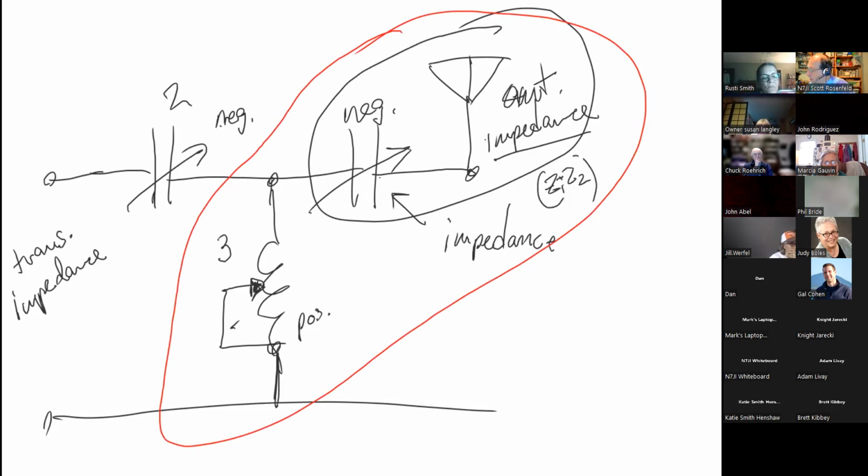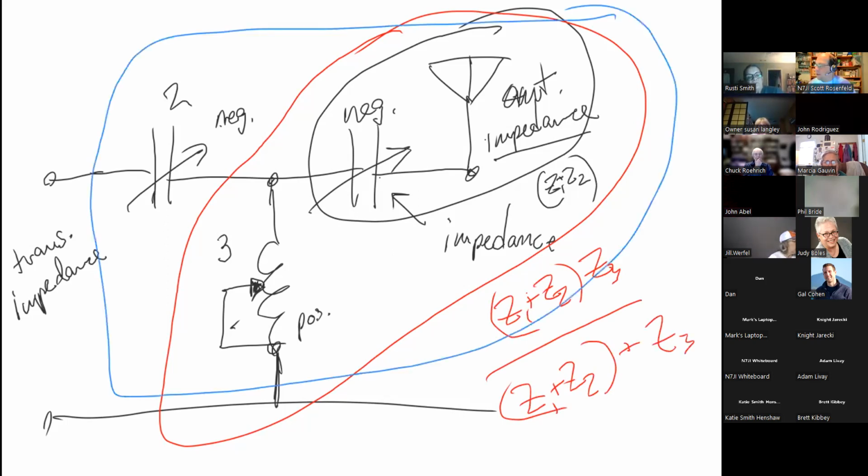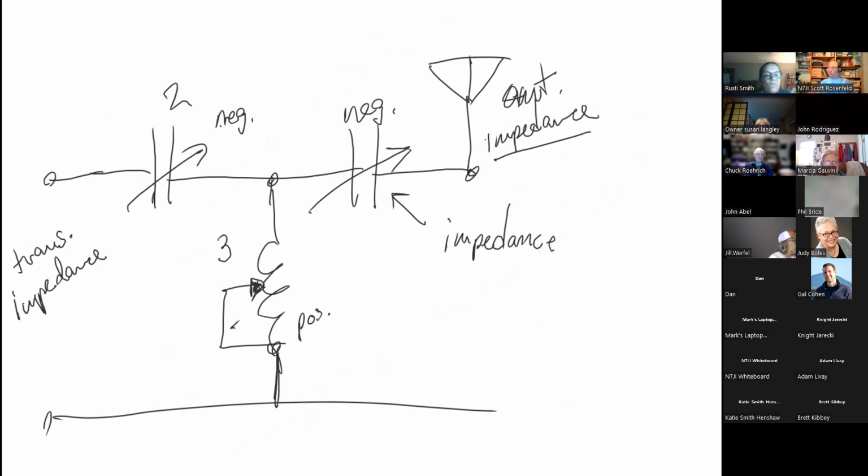Now for this whole thing we have Z1 plus Z2 times Z3 over Z1 plus Z2 plus Z3. And then we have all of that in series with that, number 2. So that's a pretty complicated math problem, right? So what we're going to do is ignore all that math. We're going to get rid of all of it. And we're going to distill it to what's really important here.